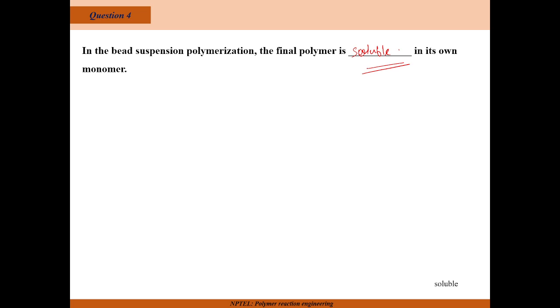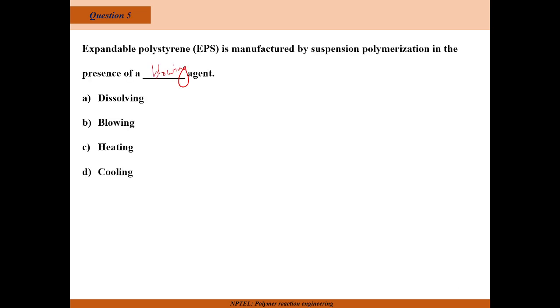Now, this was our fifth question. Expandable polystyrene, which is called EPS, is manufactured by suspension polymerization in the presence of a dash agent. So it's basically in the presence of a blowing agent. The blowing agent is a key ingredient that allows the EPS to expand.